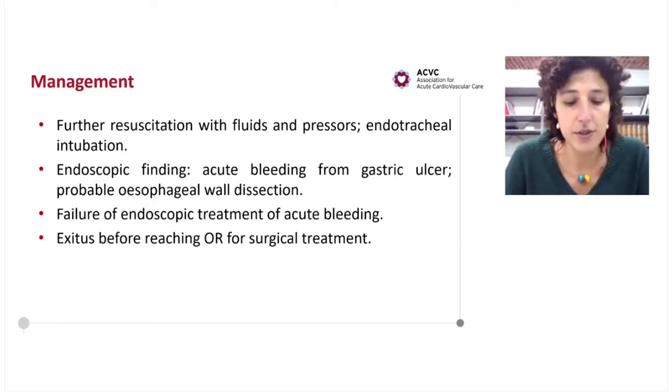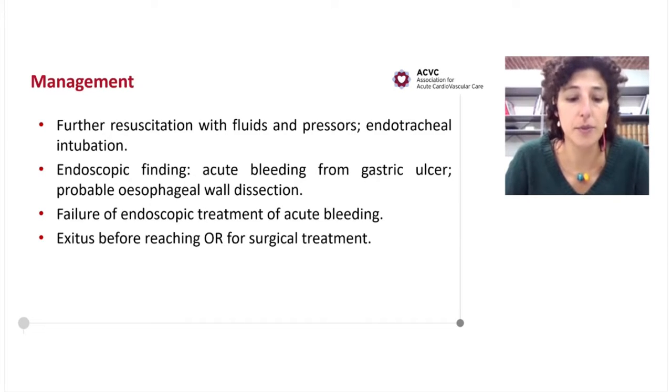We tried to resuscitate the patient further with fluids, blood and pressors. The patient got intubated and we started an emergency endoscopic procedure. The finding was an acute bleeding from a gastric ulcer with a probable esophageal wall dissection.